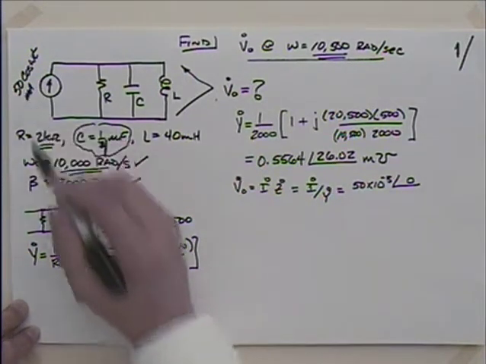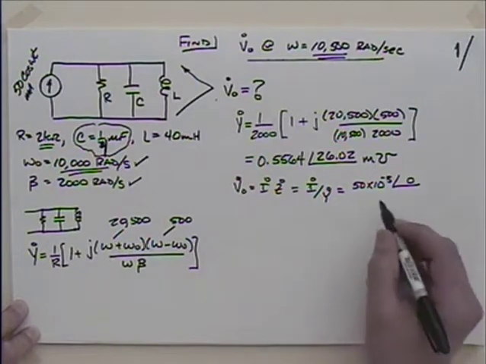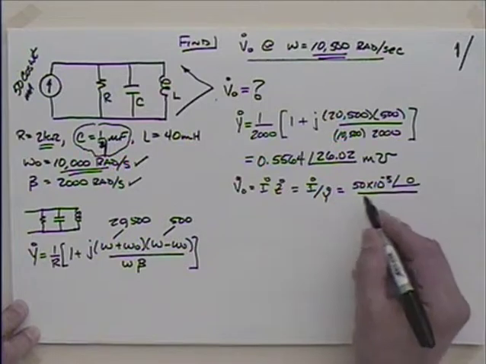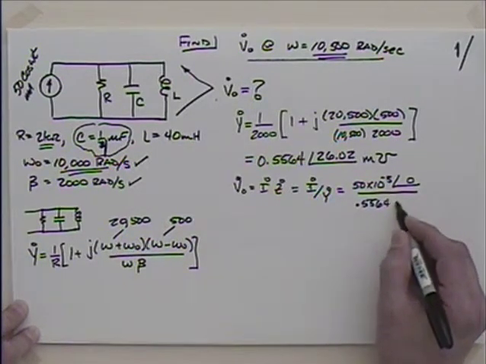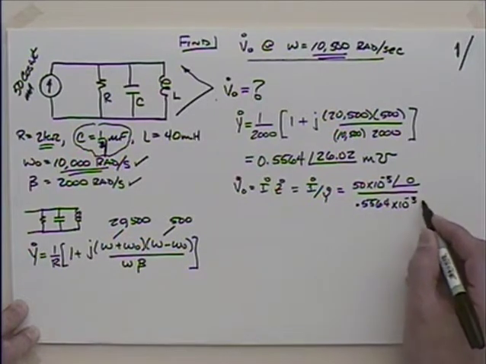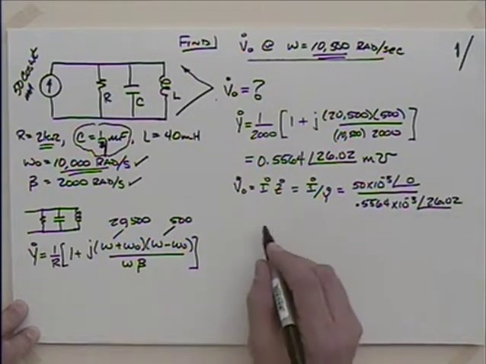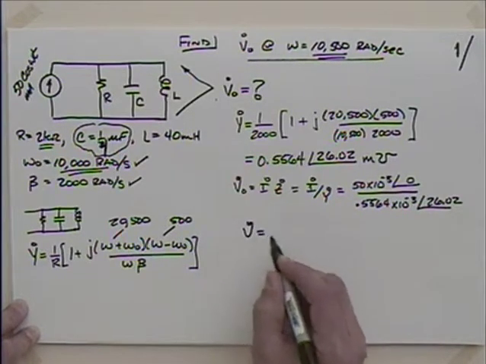Okay, that's that guy there. Divided by the admittance, 0.5564 times 10 to the minus 3 at an angle of 26.02 gives me my voltage.